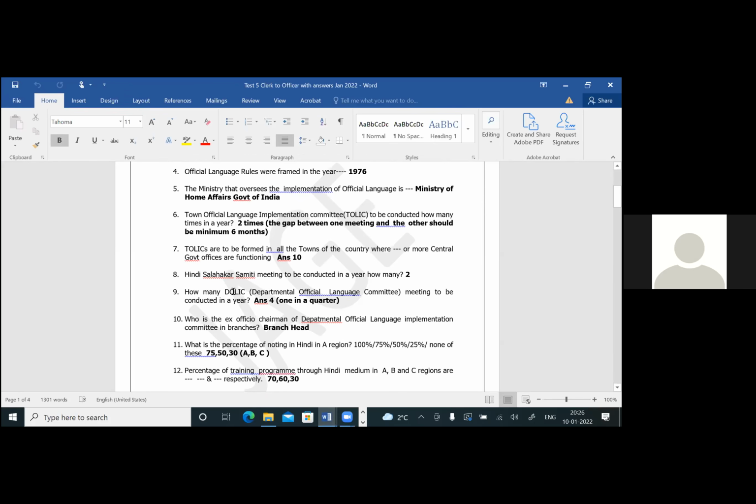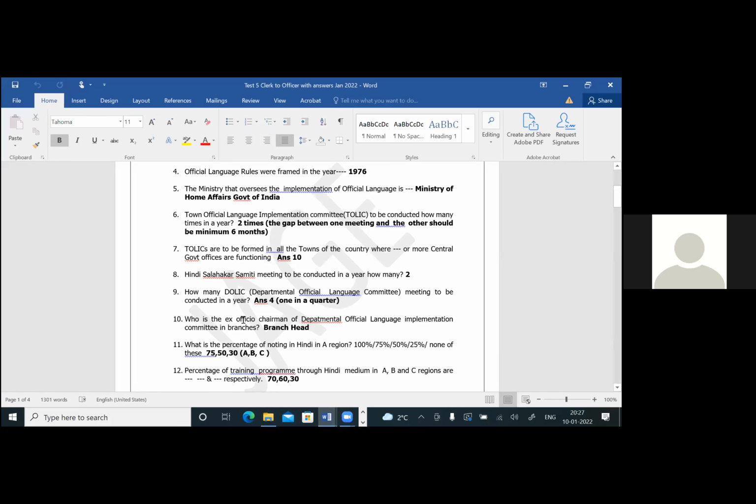Now we got the Departmental Official Language Implementation Committee instead. Departmental Official Language Implementation Committee to be conducted in a year how many times? 4, once in a quarter. Once in a calendar quarter, we have to conduct the Departmental Official Language Implementation Committee.